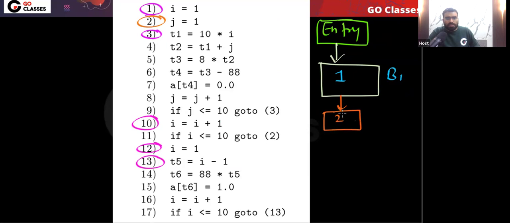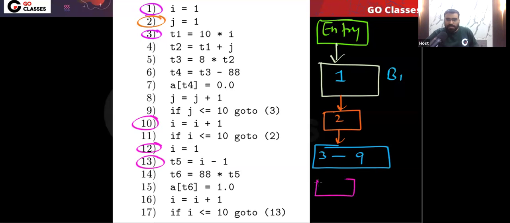That you already know. This is the flow of control. Yes or no? From 2, there will be an edge to 3. This is flow of control. Now, remember, in this basic block, how many instructions are there? There are instructions 3 to 9. Now you tell me, there is another basic block which contains 10 to 11.